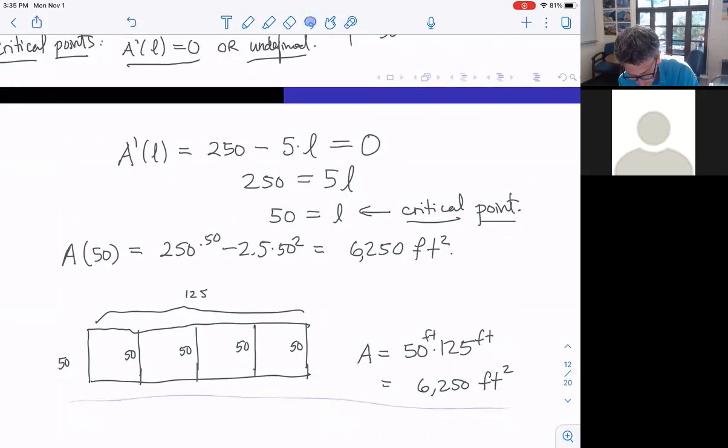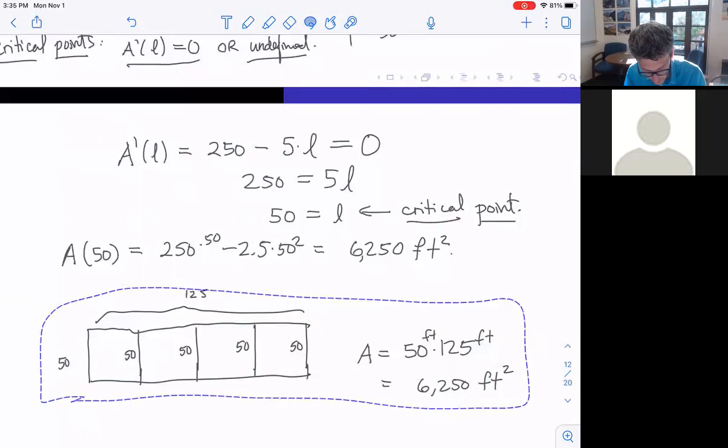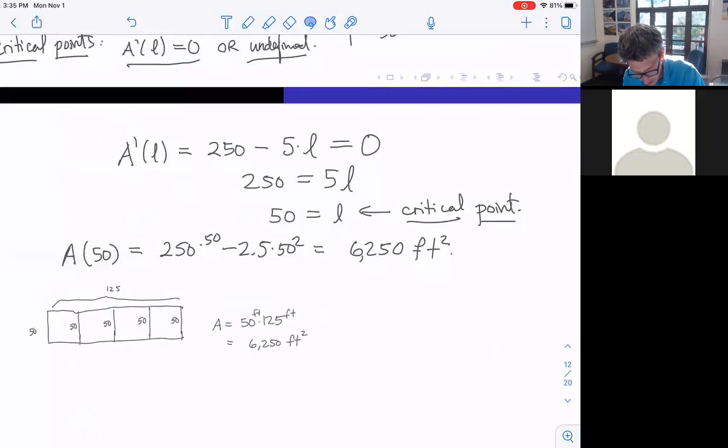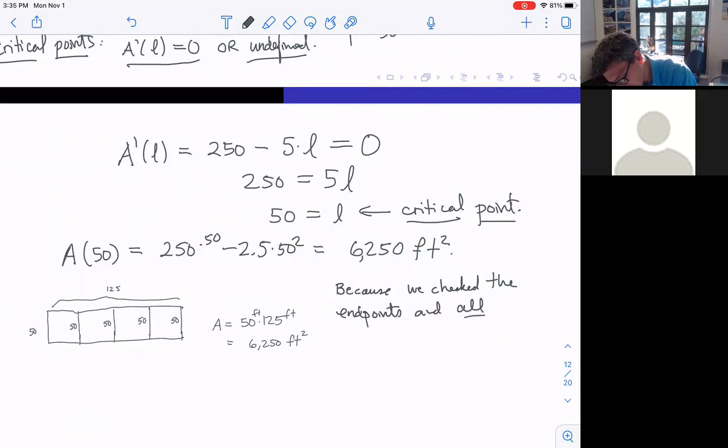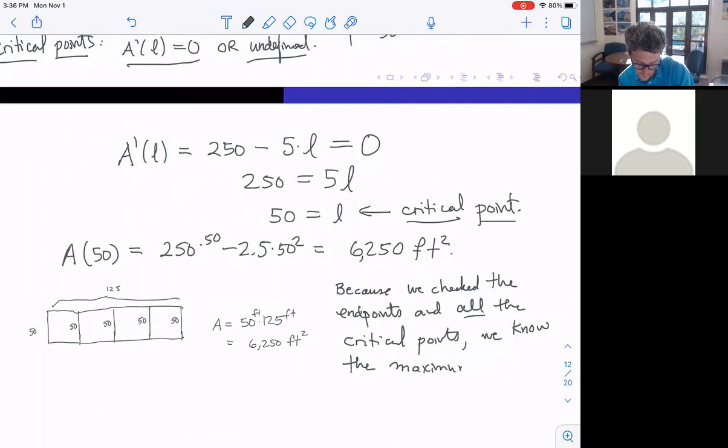And now I'm going to finish writing up this problem just to explain what we did. Because we checked the endpoints and all the critical values, all the critical points, we know the maximum happens at one of these places.